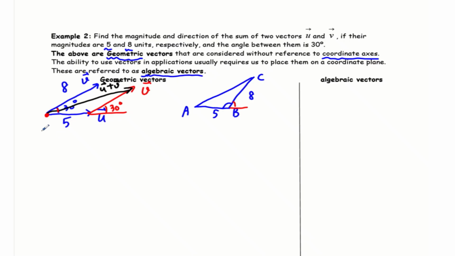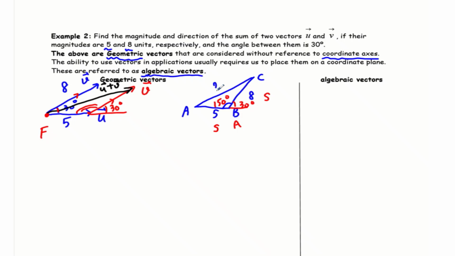So 30, 30, and this one will be 180 minus 30, so this is 150. So in this triangle, we have the sides and the contained angle given. So SAS. From the sine law and cosine law, we don't have an opposite side and opposite angle given, so we are going to use the cosine law in order to find this AC.